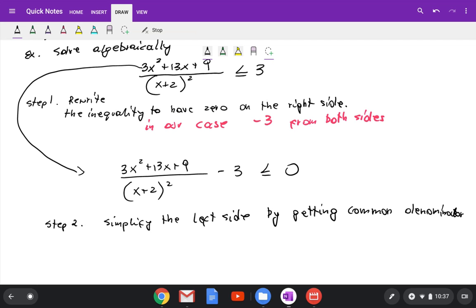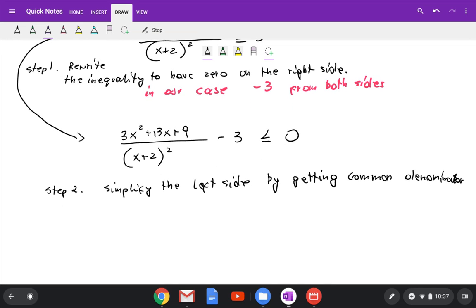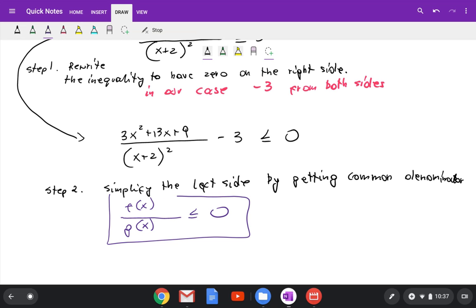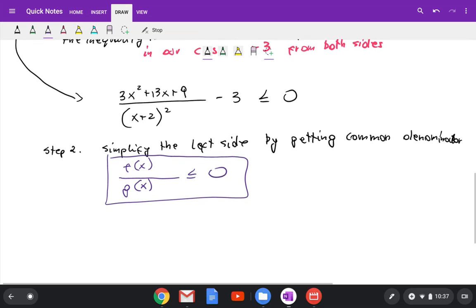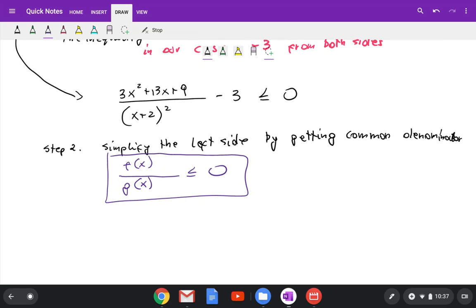So the idea is, when you're solving rational inequalities, that you have only a fraction. So again, one expression, and only an inequality and a 0 on the right side. So this is what we're trying to get. So we need to get a common denominator. So let's work with the left side.